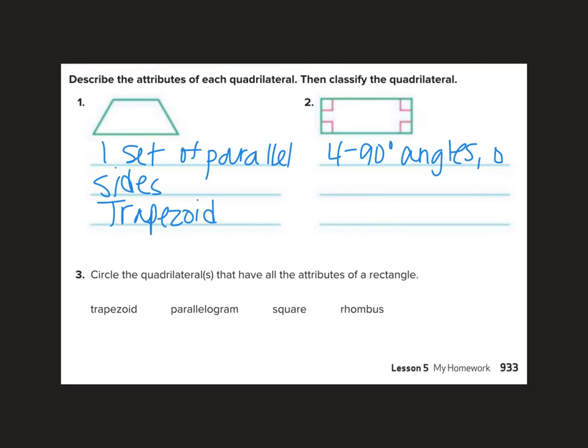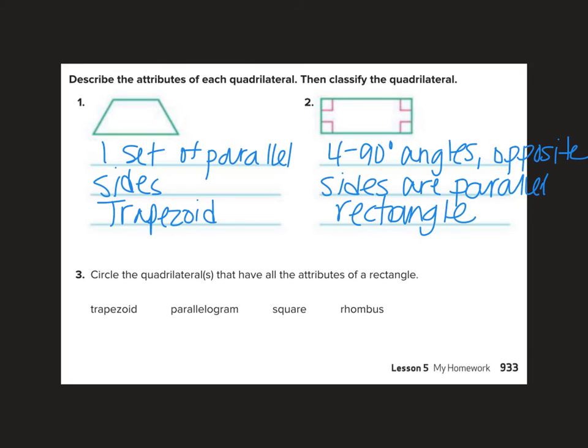Opposite, well, let's just write opposite sides are parallel and congruent. So this is a rectangle, if we're trying to be more specific, right?